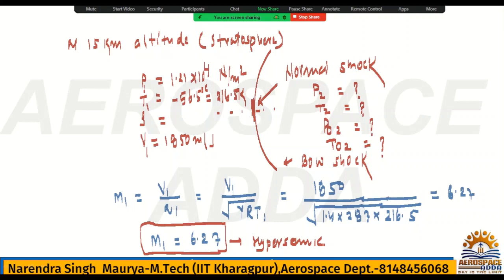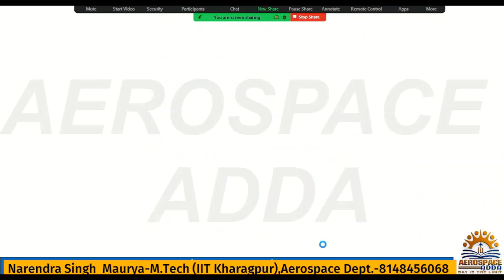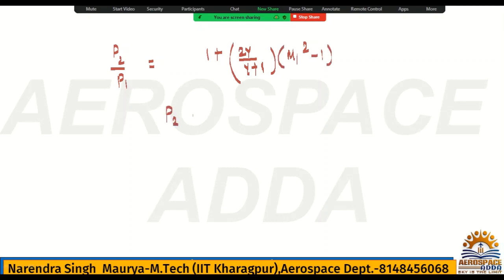If you want to calculate P2, then simple. What is the formula for that? Now, all the formulation you check normal shock. P2 by P1 is 1 plus 2 gamma upon gamma plus 1 in bracket M1 square minus 1. If you do this, then you will get the P2. Check this value. P2 you will get. Okay. Calculate it.